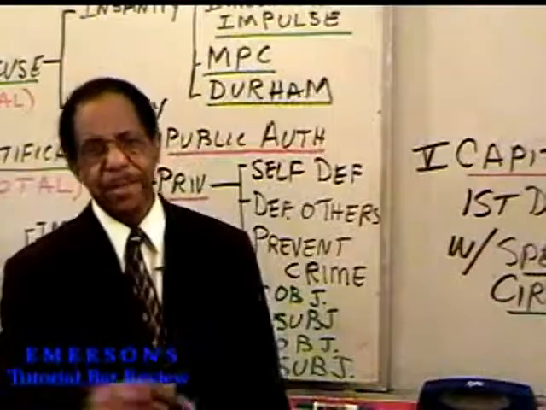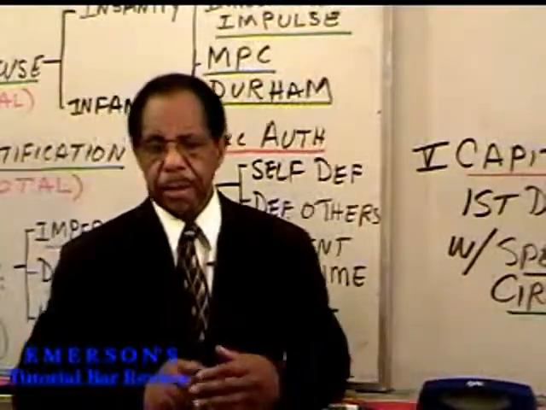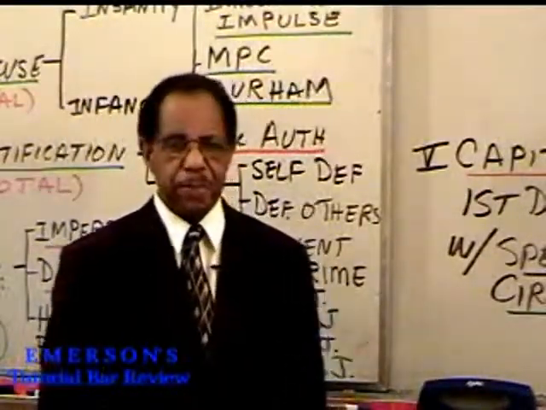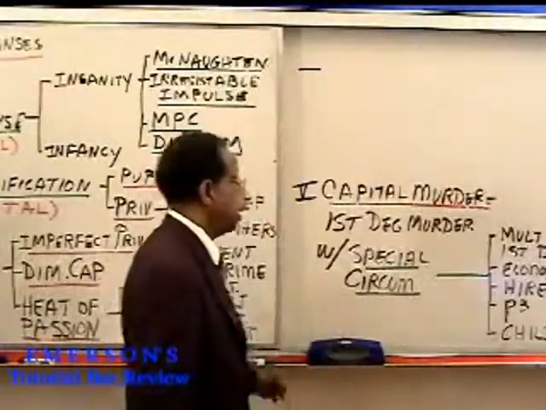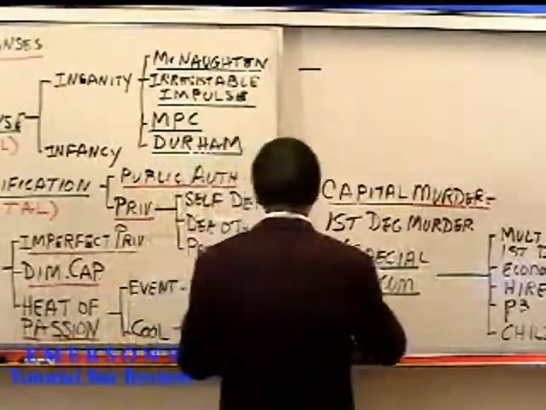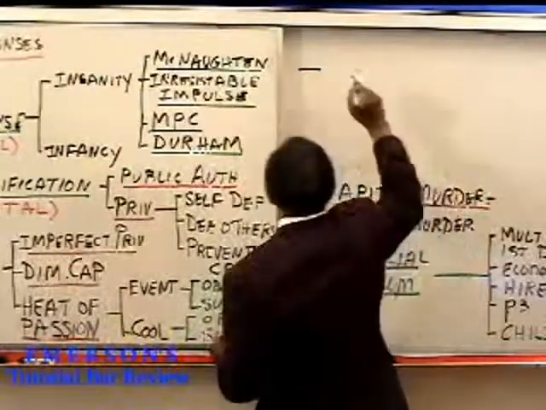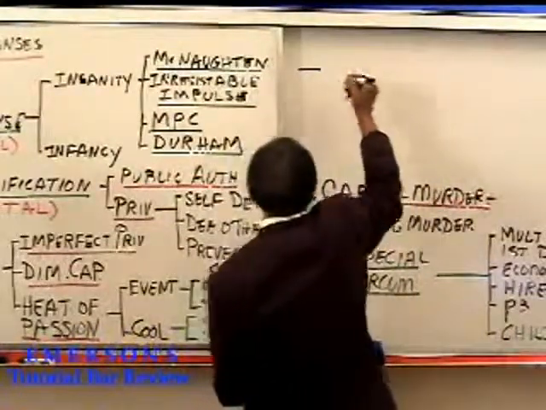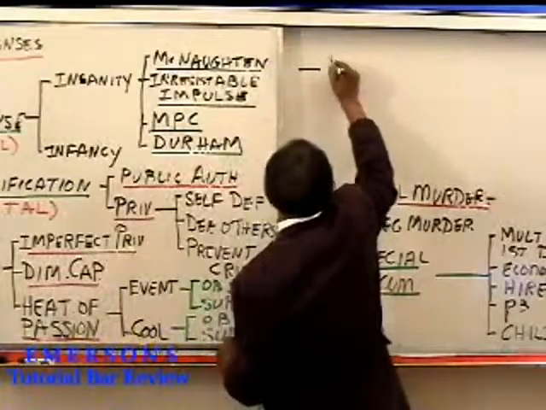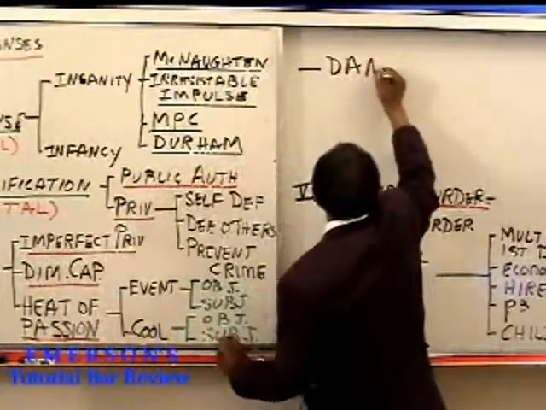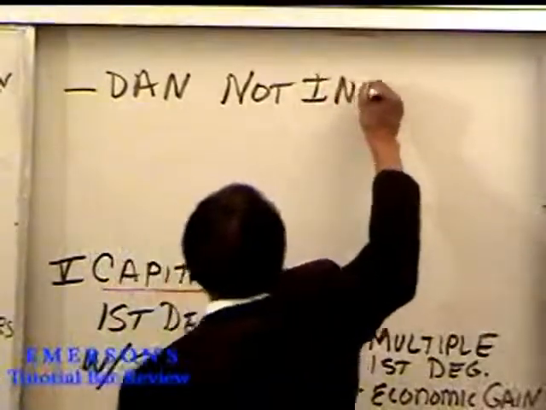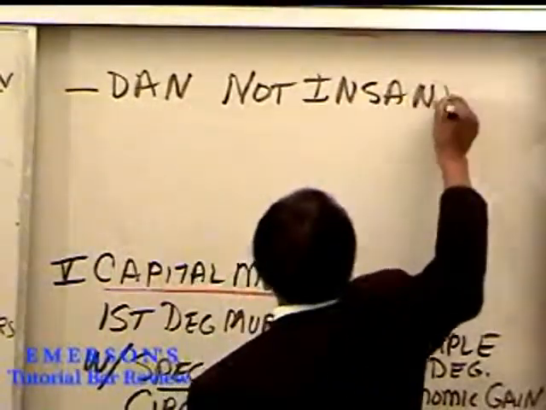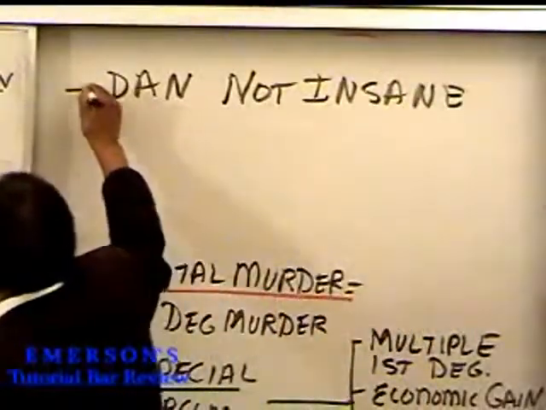So we can't say he didn't know what he was doing, and there's no evidence that he didn't know that was wrong, none at all. And so under the McNaughton test, Dan is not insane.